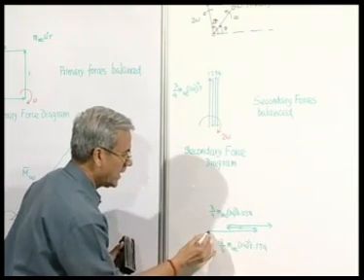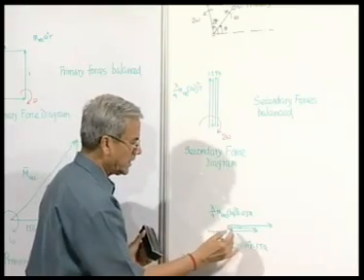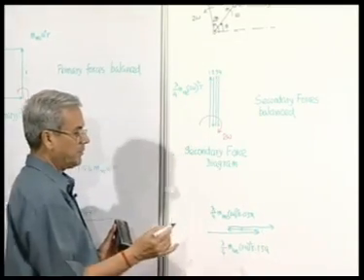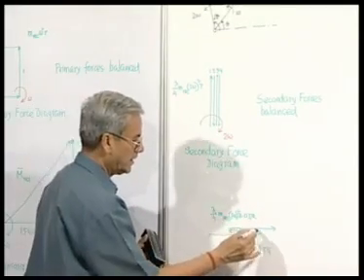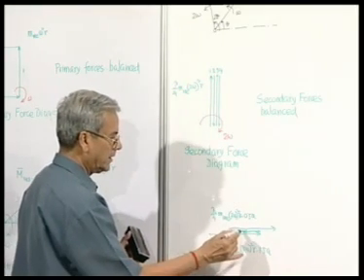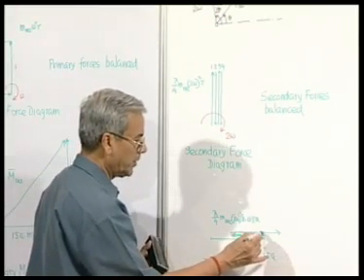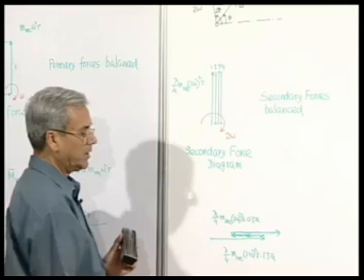So, we started here, this is the moment produced by the secondary forces of the first cylinder, this is the moment produced by the secondary force of the second, this is the moment produced by the secondary force of the third, and this is the moment produced by the secondary force of the fourth one.